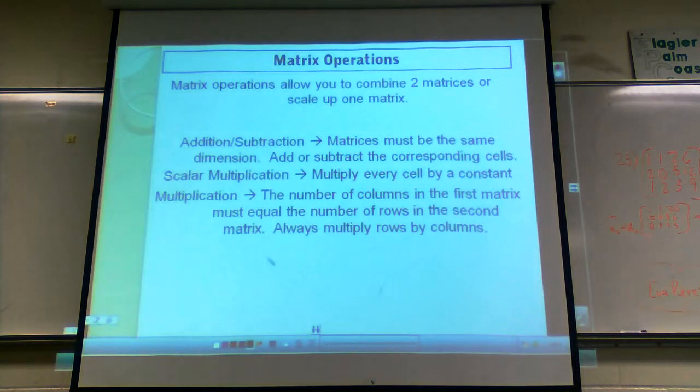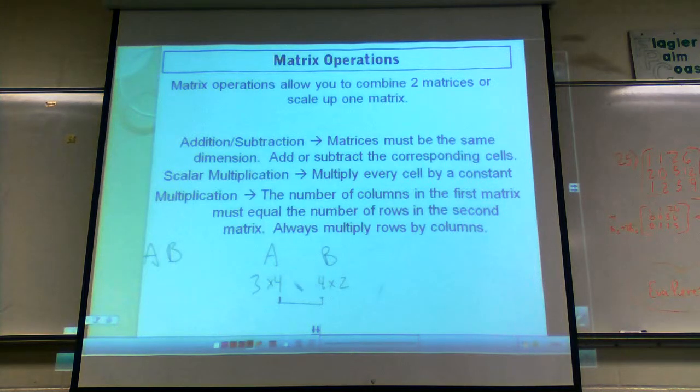If matrix A was like a 3 by 4, and I wanted to multiply matrix B by it, if it was actually A times B, the number of columns for this matrix has to line up with the number of rows over here. So if B was like a 4 by 2, then I can multiply, because those two numbers right next to each other have to be the same.